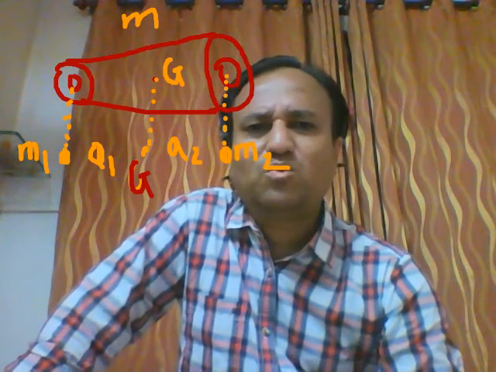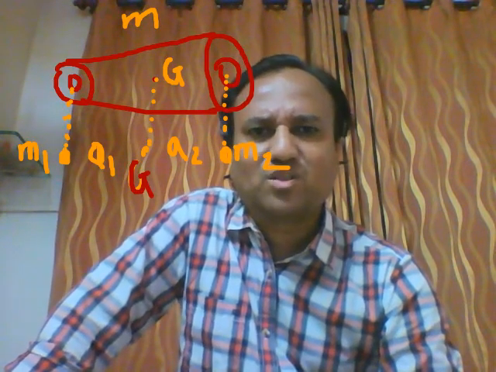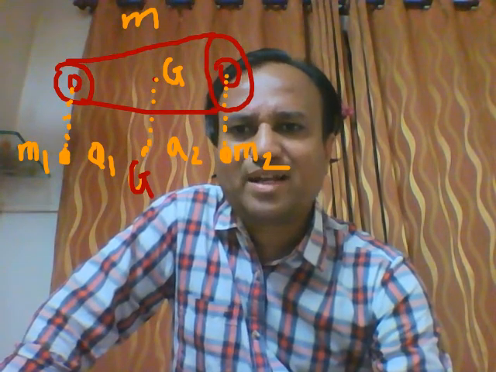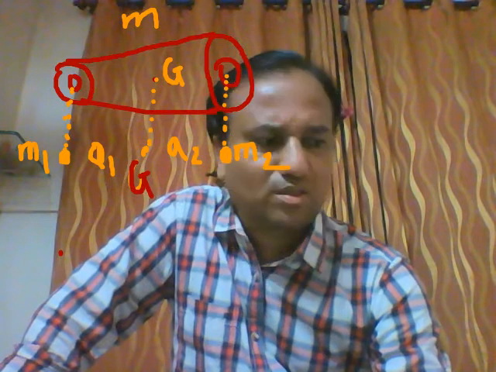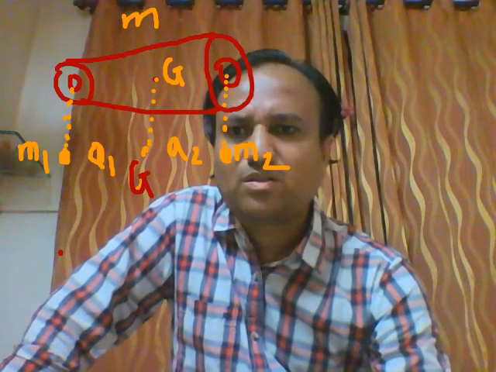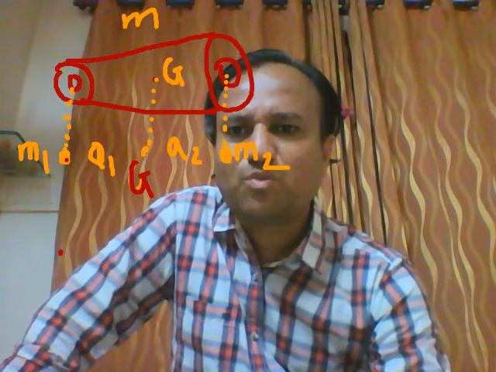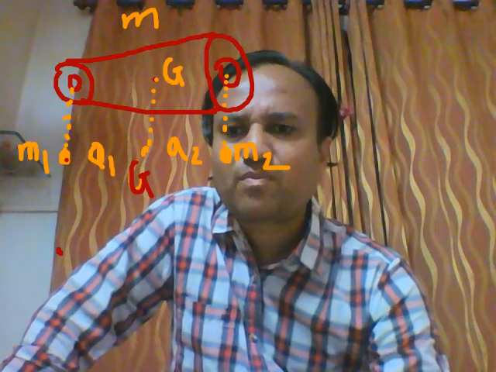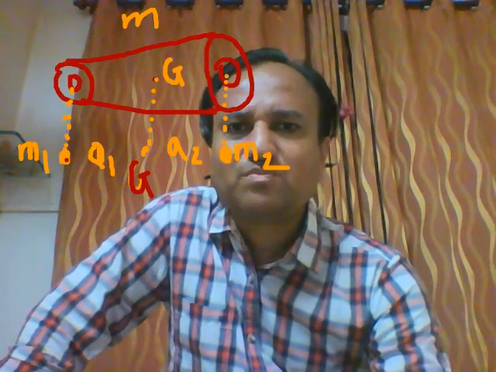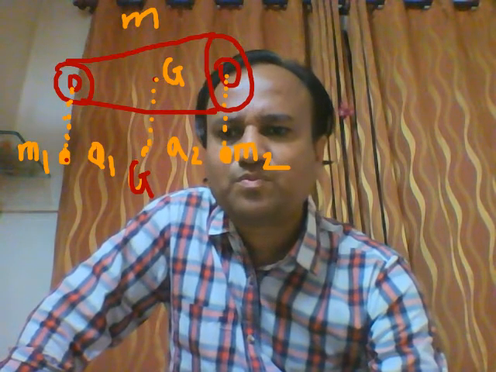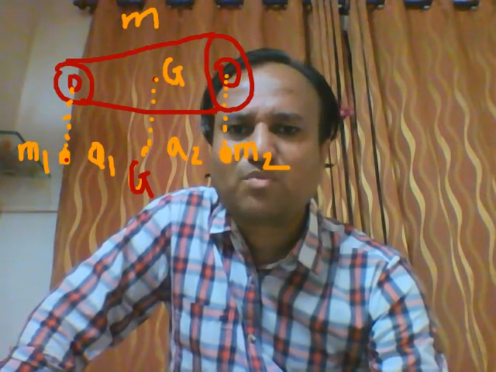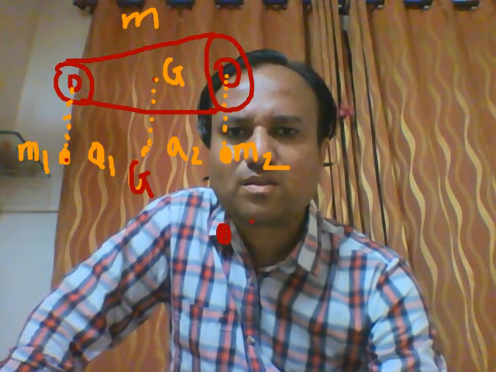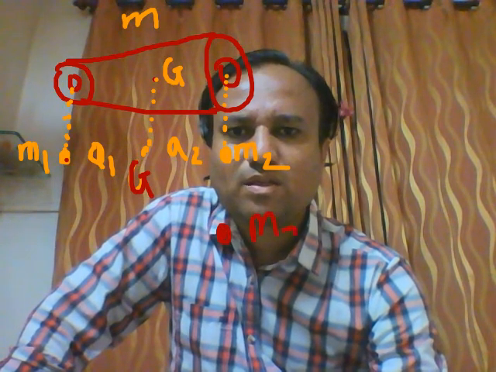So how to do the exact analysis? In an exact analysis, this first point mass, okay, I will assume the second point mass placed at the same position, that is M2.